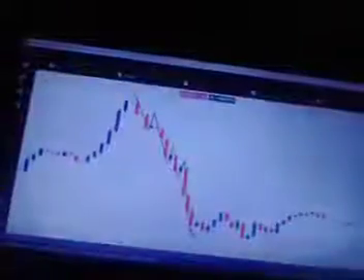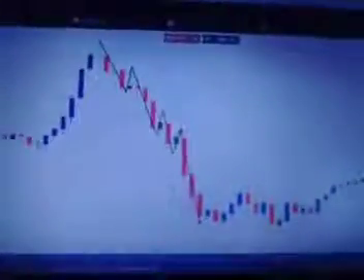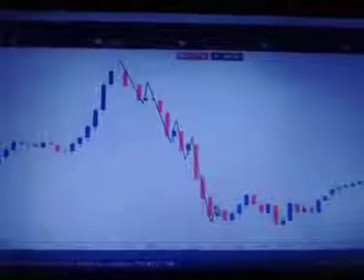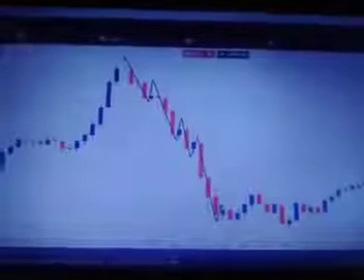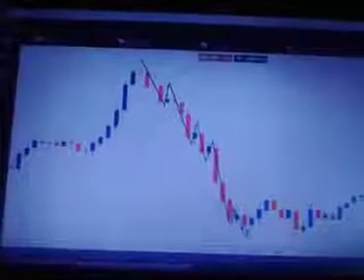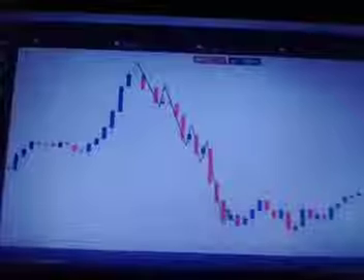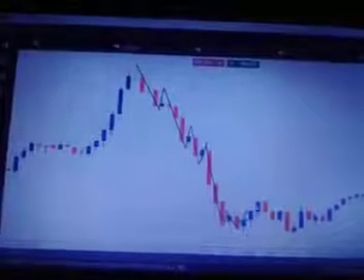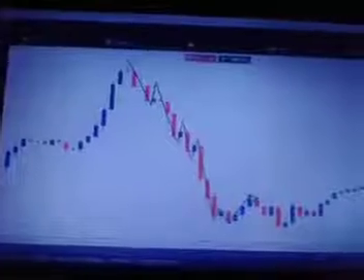Then again it came back down and made the lower low there, until the market made the higher low but failed to make a lower low here. Instead, it made equal lows, and from here the market went up and made the higher high, which broke this trend, as you can see.